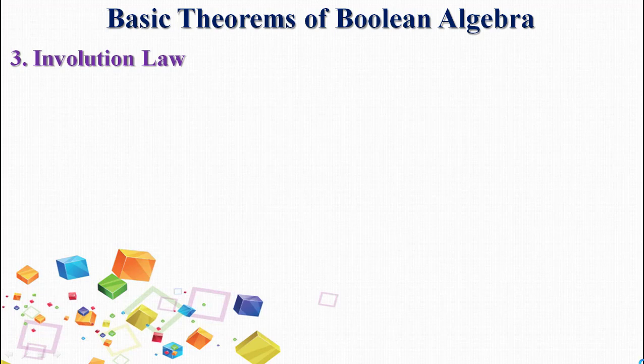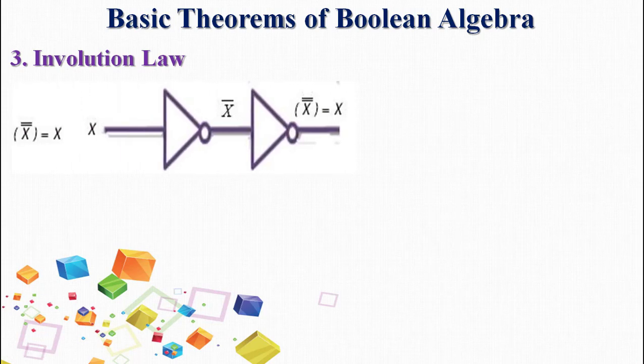The next law, that is the third law, the involution law, among the basic theorems of Boolean algebra, states that when a variable or complemented variable is complemented twice, it will produce the value of the uncomplemented variable. So x double bar is equal to x.